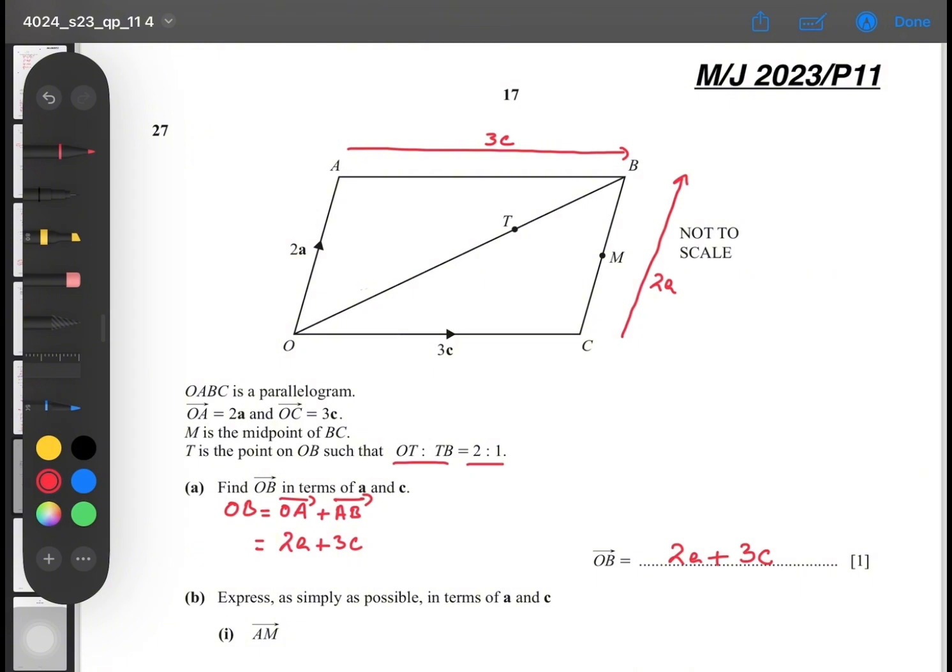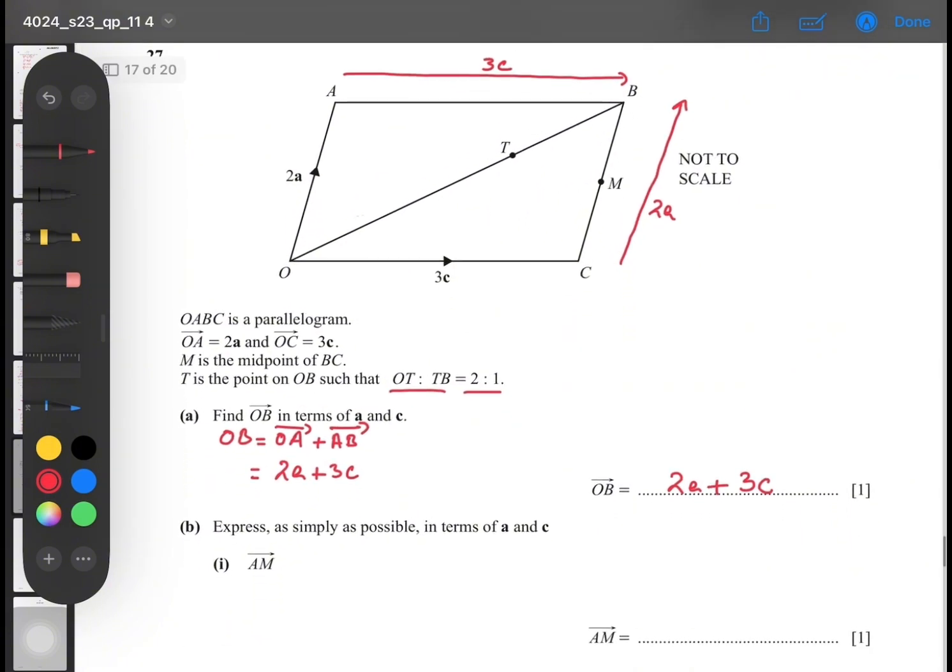For AM, I need to break AM is equal to AB plus BM. But we know BM is in opposite direction, so I'll change it into minus MB.